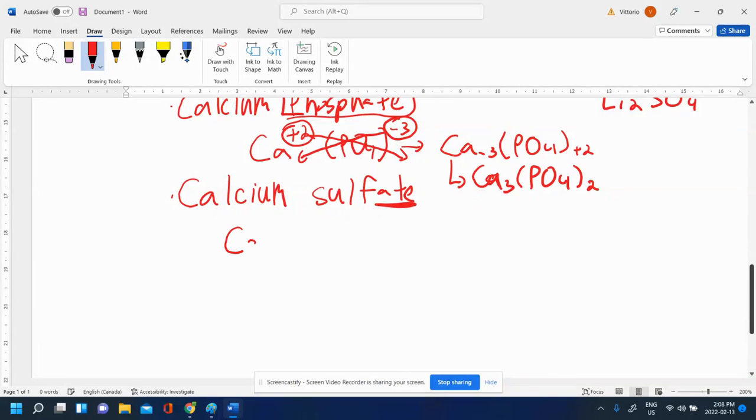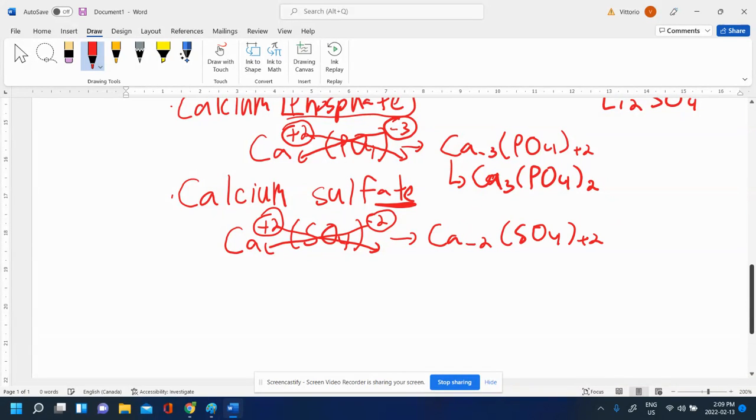To do that, calcium is charge of +2. Sulfate is SO4 -2. Remember to keep the atoms themselves in the bracket and the charge on the outside. Circle those charges and crisscross them, and you'll get Ca -2, SO4 +2.